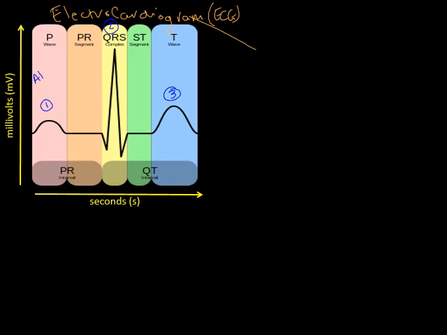So we can say here atrial depolarization. So the wave of depolarization spreads from the SAN, or the sinoatrial node, across both atria, causing them to contract. So atrial systole. So we can write that down here, atrial systole.